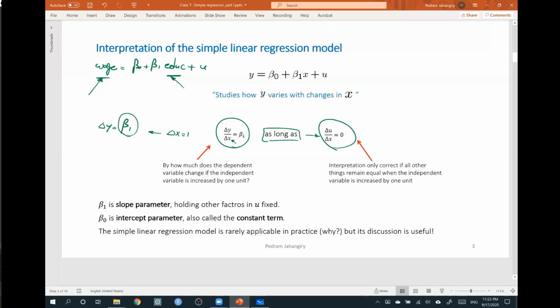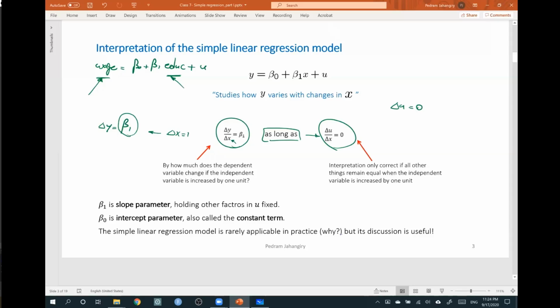So how do we interpret it in simple English? This interpretation, that if x increases by 1 unit, y is going to increase or decrease by beta 1 units, only holds if all other things remain constant or equal. In other terms, if delta u is 0 for changes in units of x.